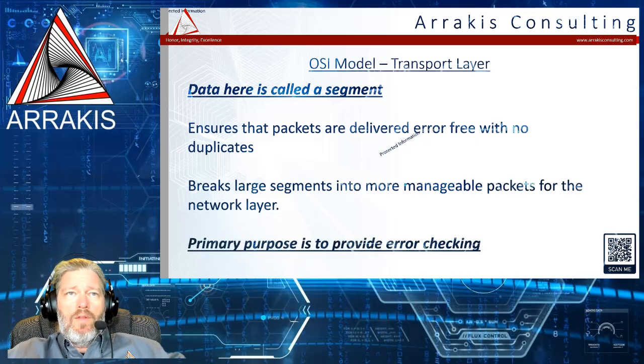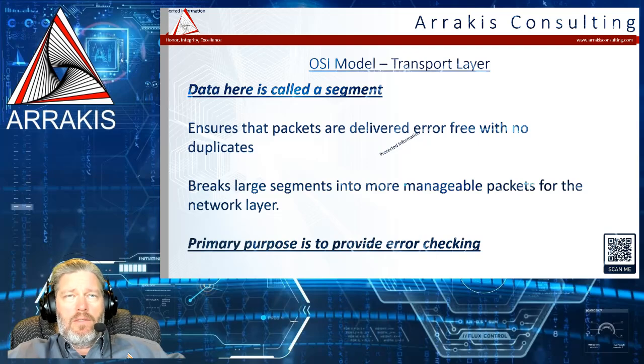One of the important things to remember about the transport layer is that the primary purpose is error checking. That is absolutely one of the things you could be tested on. If you're going to go for Network Plus or CCNA or anything like that, you should be able to answer the question: what is the primary function of the transport layer?